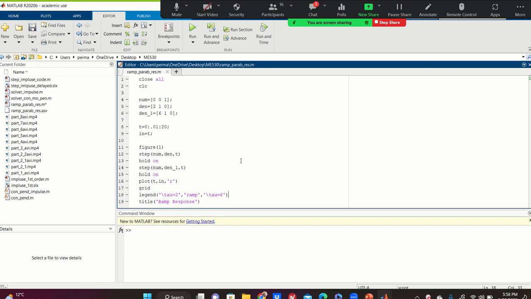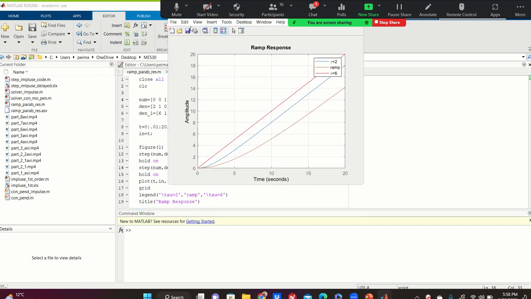There we go. Okay, if I run this, here we go. Okay. So the red line is ramp. This is tau 2, this is tau 6. Understand, everyone?